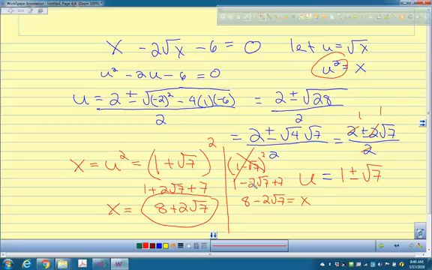Because what's true about 1 minus root of 7? What kind of number is that? It's a negative number, and if I take that and I plug it in here, I get a negative number, so I throw this answer away. This answer I do use, and this is your only answer right here.